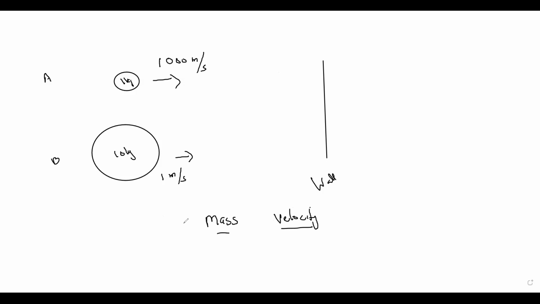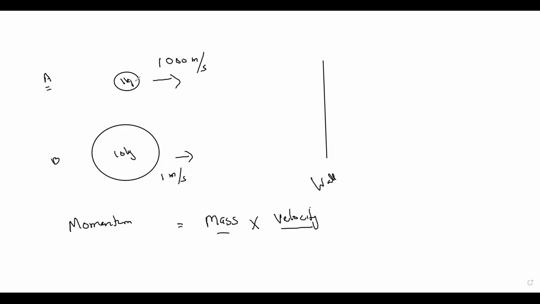So what is momentum? Basically, momentum is the product of mass and velocity. When the mass of an object is multiplied by its velocity, we get a quantity known as momentum. So what is the momentum of object A?